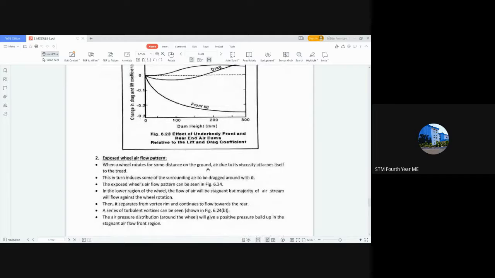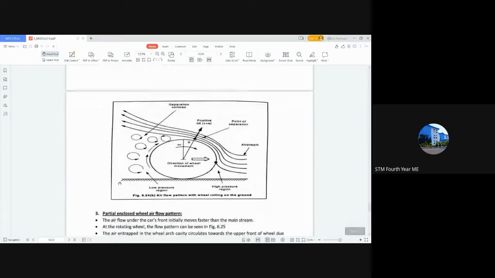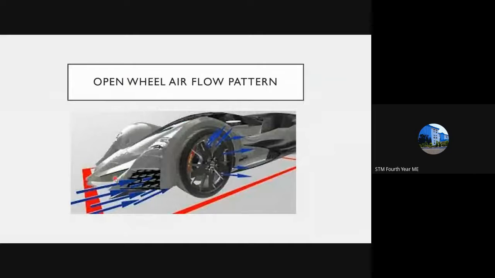Next is the exposed wheel airflow pattern. You have always noticed that the tires or wheels provided in a vehicle are open wheels. The purpose of providing open wheels rather than enclosed wheels is for the air to travel safely outside.